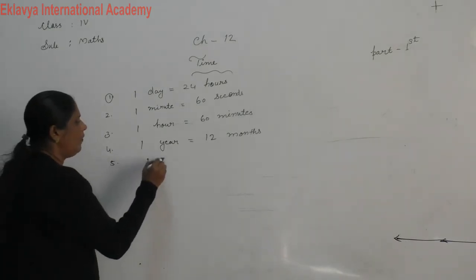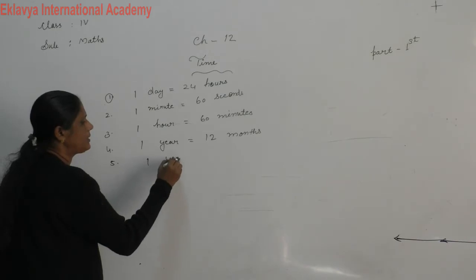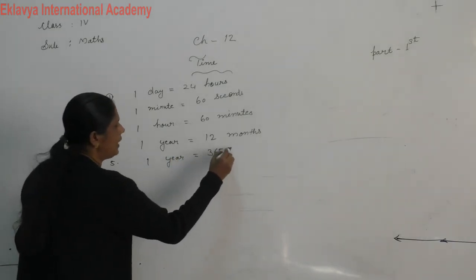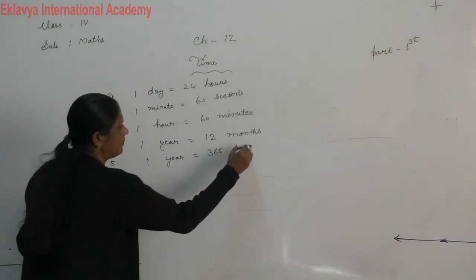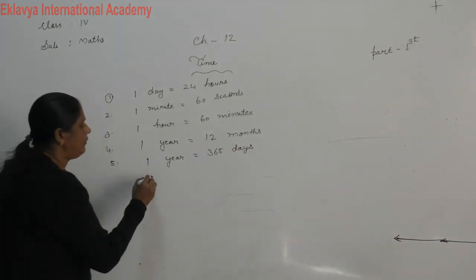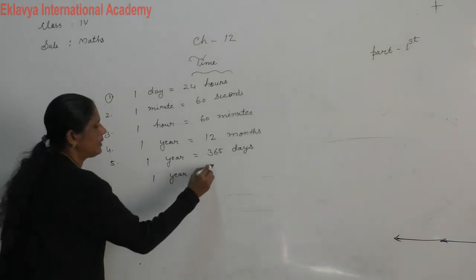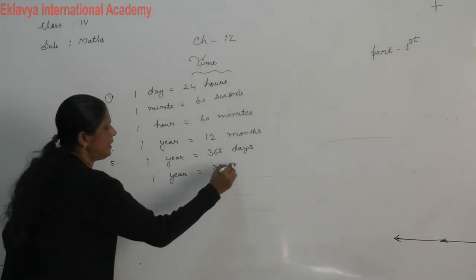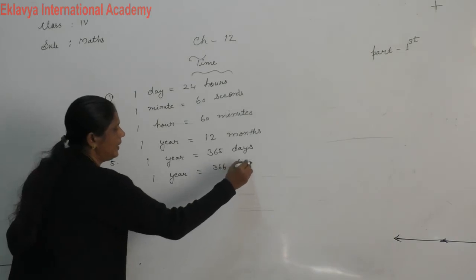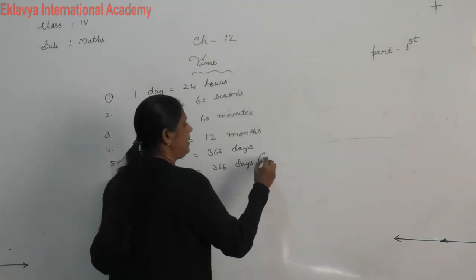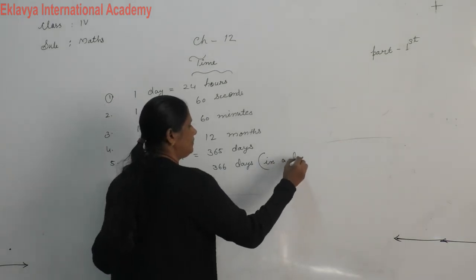Then 1 year is equal to 365 days. Again 1 year is equal to 366 days in a leap year.